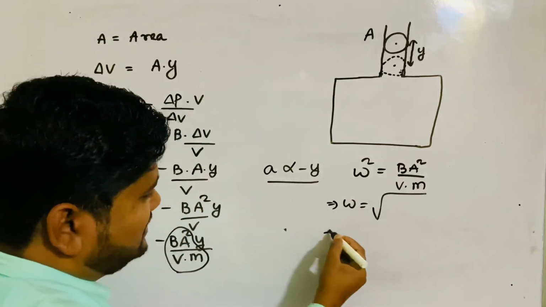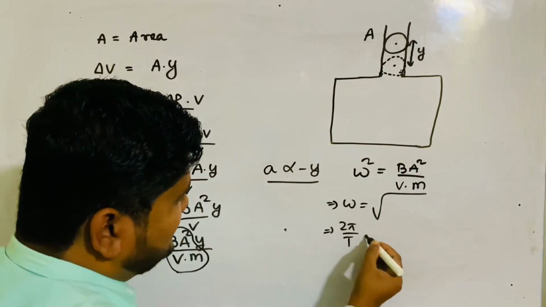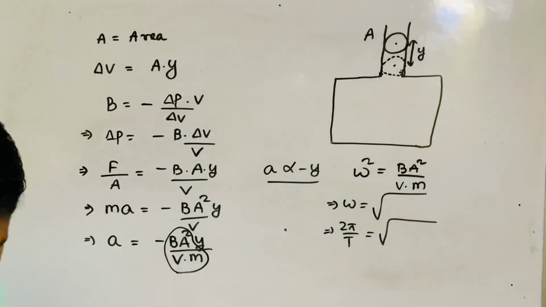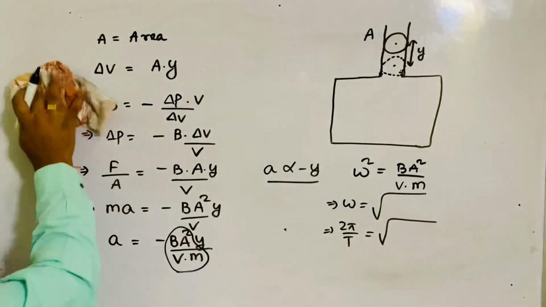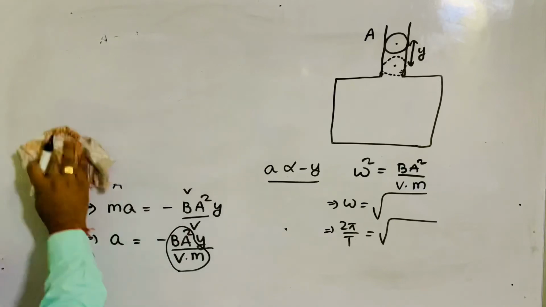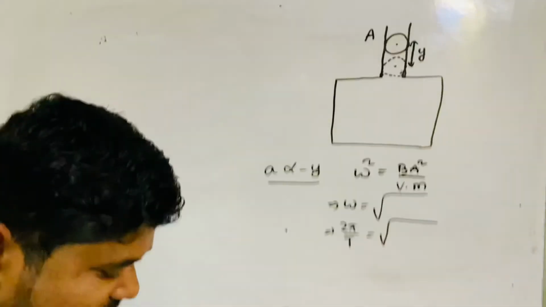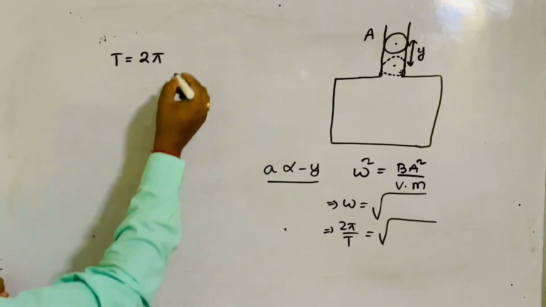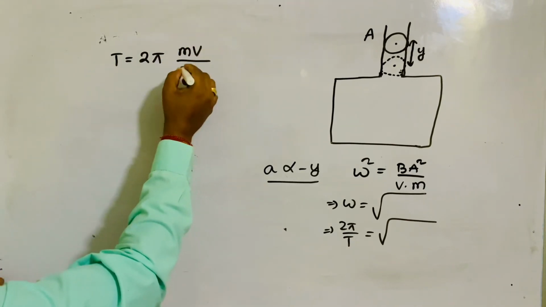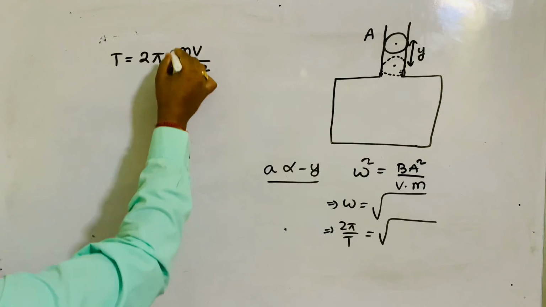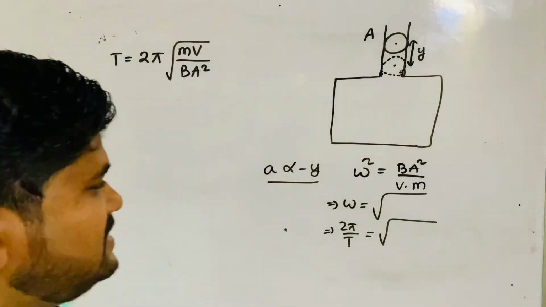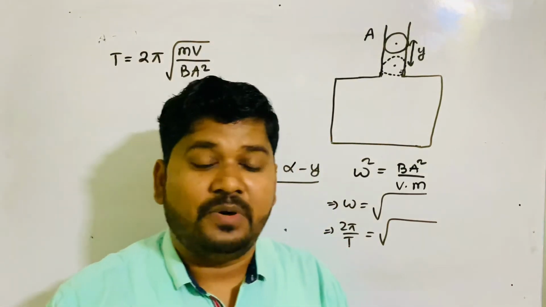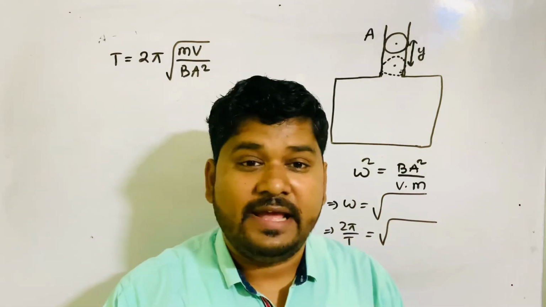Root under this. Then what is 2 pi by T? Root under this. Then what is T here? So T is coming 2 pi root over M into V by B A square. So this is the time period of the ball at the neck of the airtight chamber.